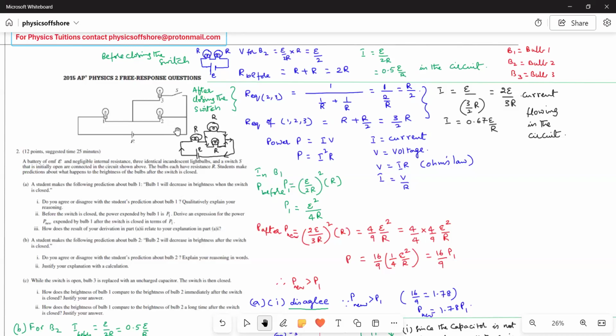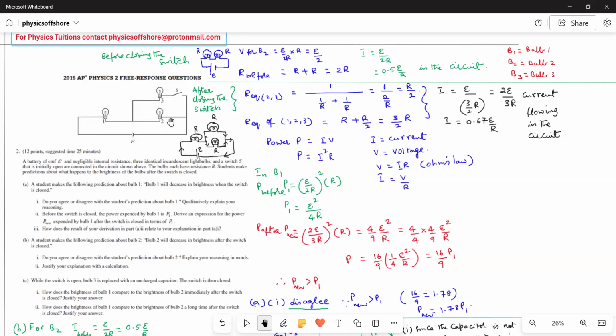So for the first, the qualitative explanation, I will give the explanation. Suppose you connect two resistors in parallel having the same resistance, the effective resistance will be R by 2. Here, the ease of the calculation is that all the three bulbs are identical. Their resistances are the same. Therefore, if two bulbs having the same resistance are connected in parallel, the effective resistance will be half the resistance.